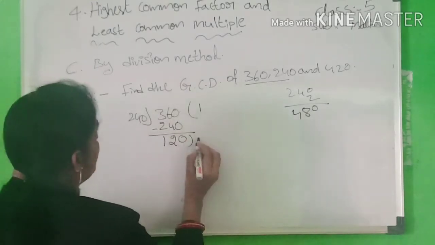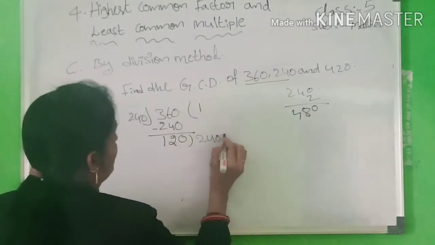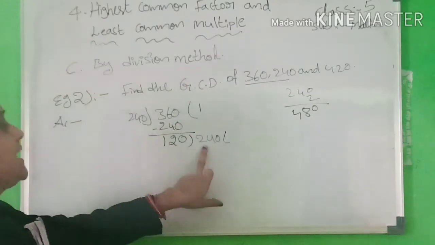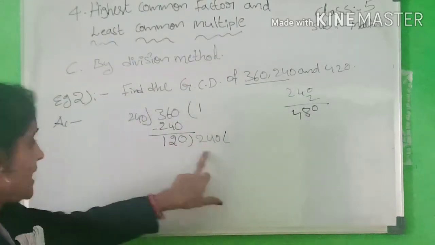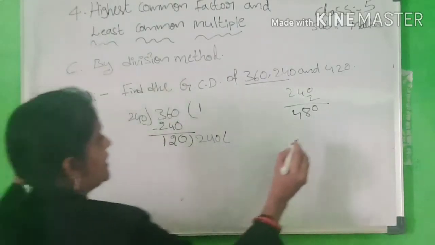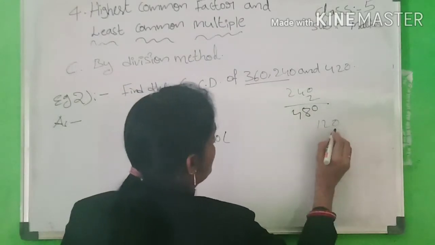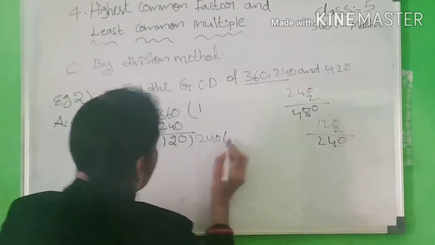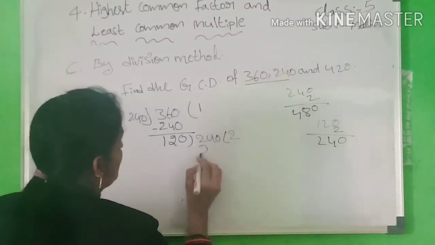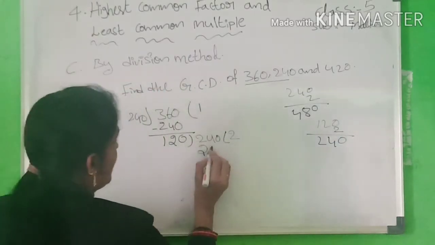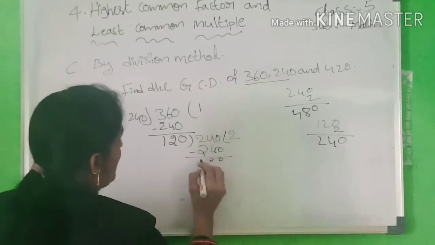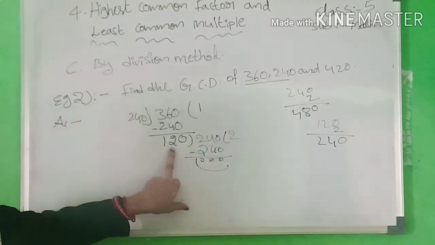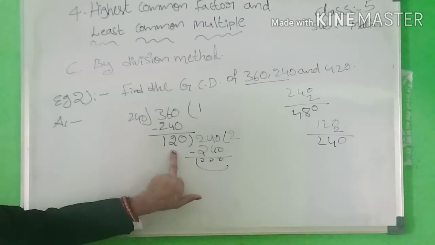Now divide 240 by 120. Check it. 120 2s are 240 exactly. Now, what is the last divisor? 120.